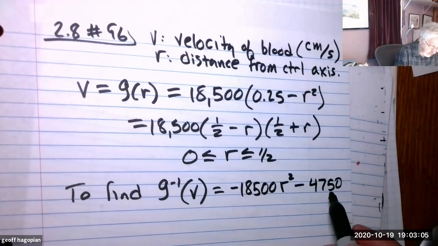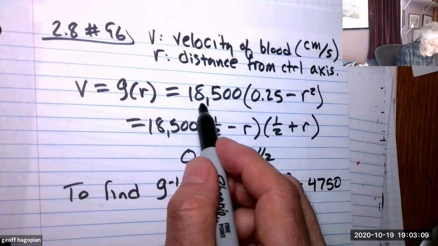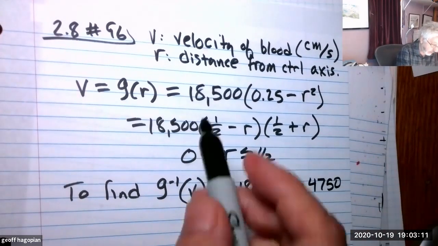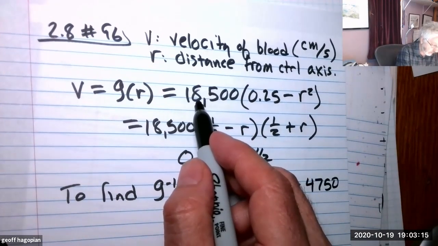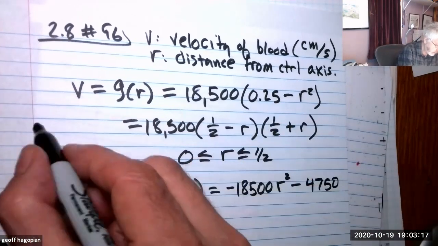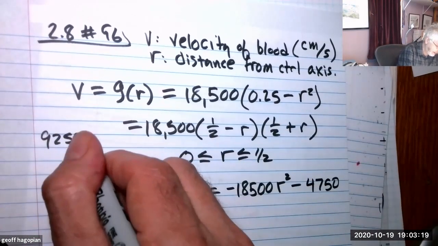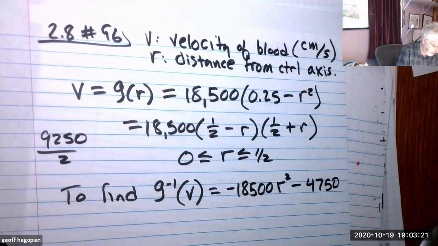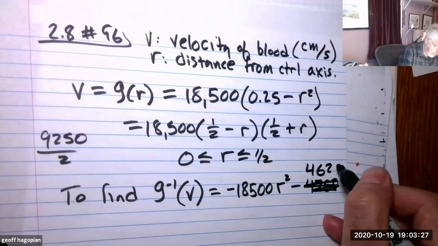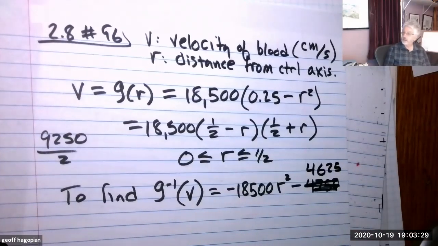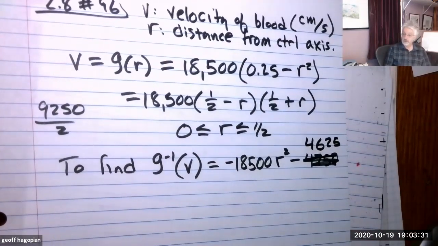Is that true? Half of this is 9,000. Oh yeah, no, I think I screwed that up. Half of this is 9,250. I have to write this out. What's that divided by 2? That's 4,625. Okay. Shouldn't do things in my head.